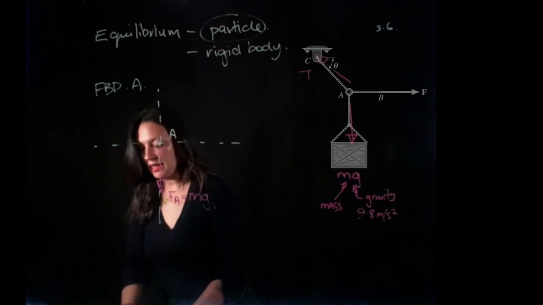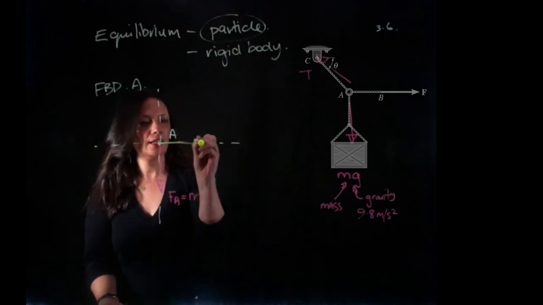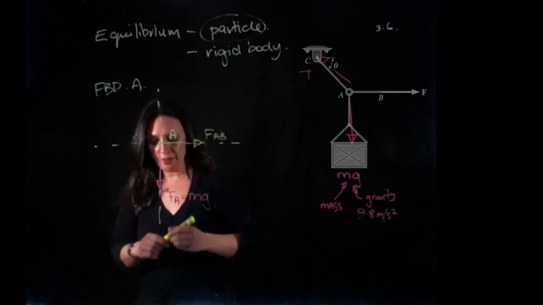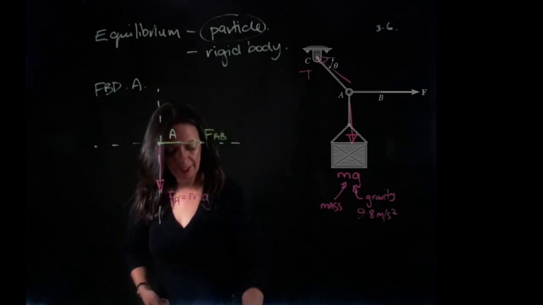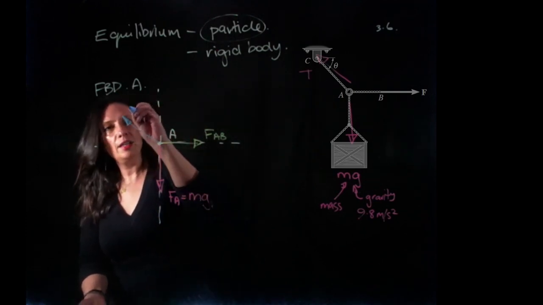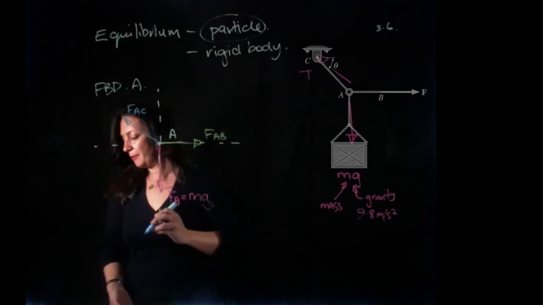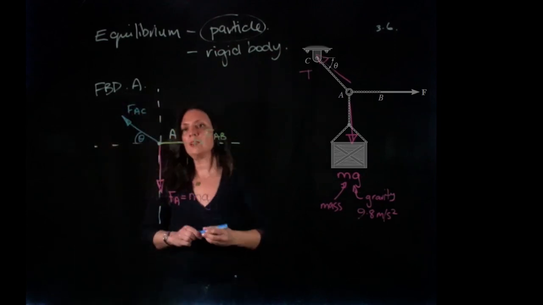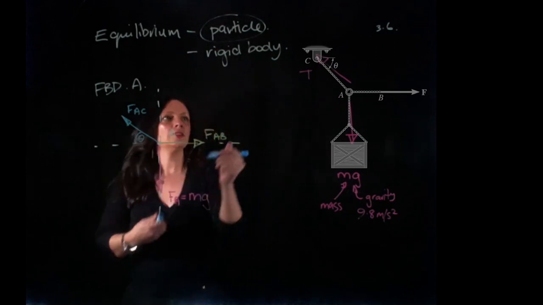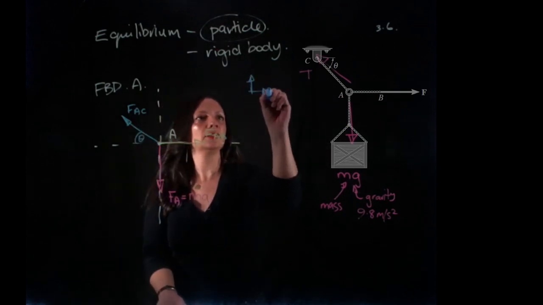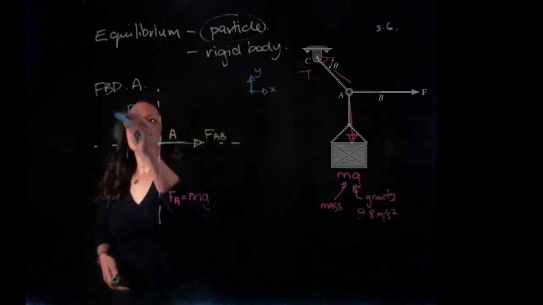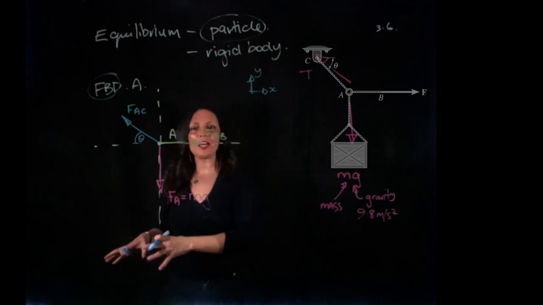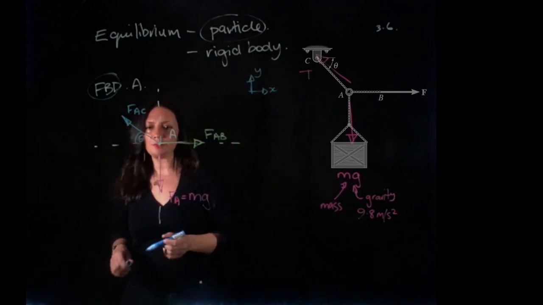We have a force FAB, and we also have another force in the cable, FAC, and we have an angle theta here. Let me just draw some axes, X and Y. So this is our free body diagram. Now, whatever the question asks us, we can actually solve.